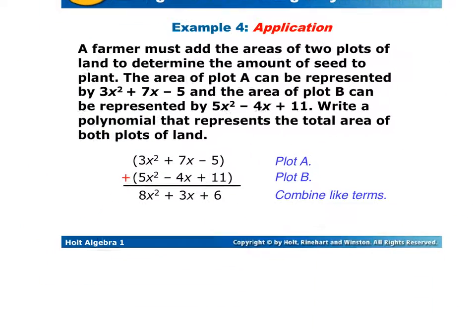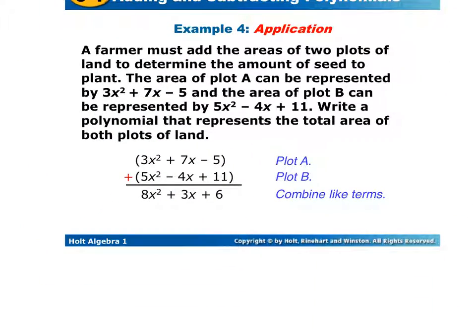Here's a word problem. Here it says a farmer must add the areas of 2 plots of land to determine the amount of seed to plant. So here the area of plot A can be represented by this equation. The area of plot B by this equation or expression. It says write a polynomial that represents the total area of both plots of land.